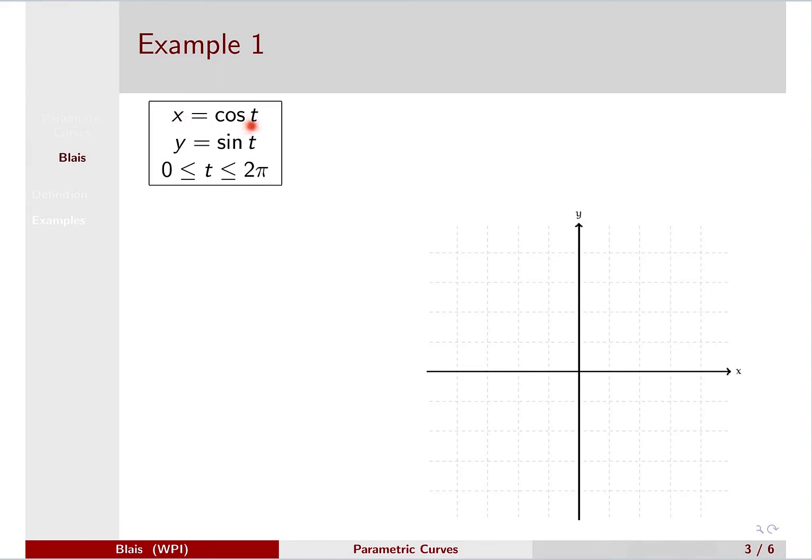x equals cosine of t, y equals sine of t, and we will restrict t to be between 0 and 2 pi.